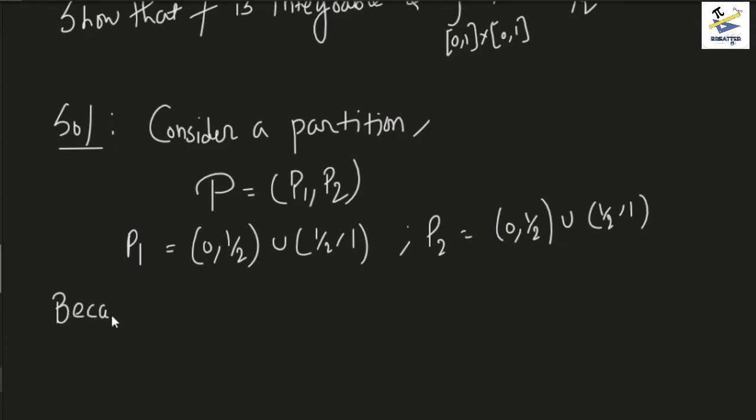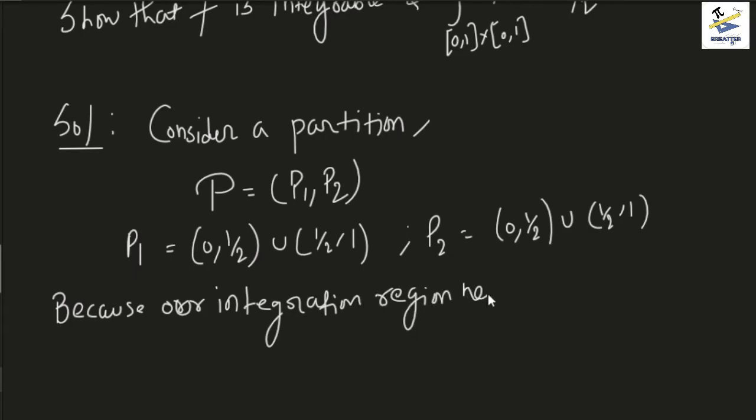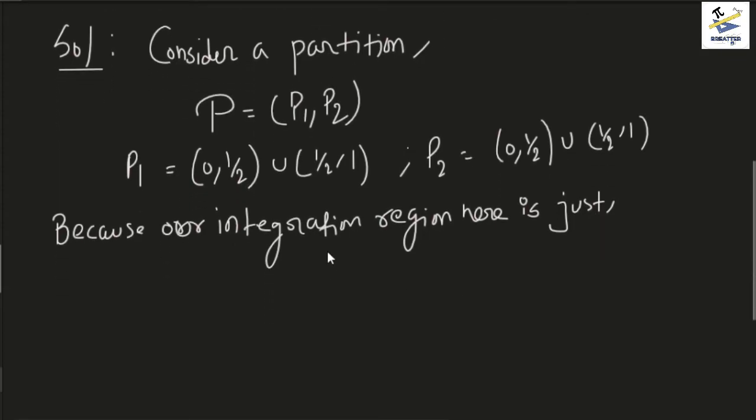Because our integration region here is just A equals [0,1] squared, which is basically a subset of R squared, so it belongs to R squared, right?